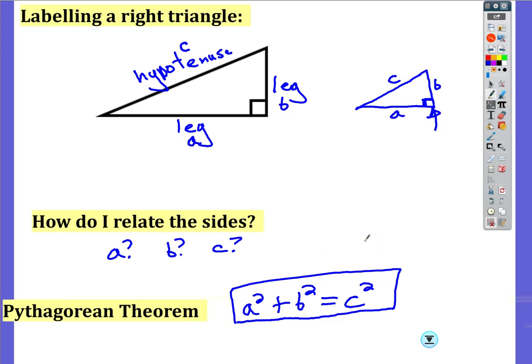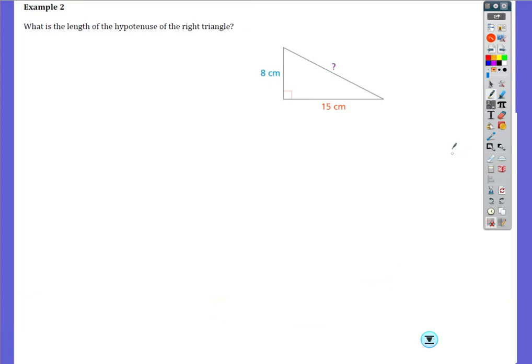So we've got our Pythagorean theorem, A squared plus B squared equals C squared. Let's look at some applications. So here, what if you have an unknown? We're trying to find the hypotenuse, or the long side of the triangle. Let's write our equation first, and I'll color code it to what they have here.